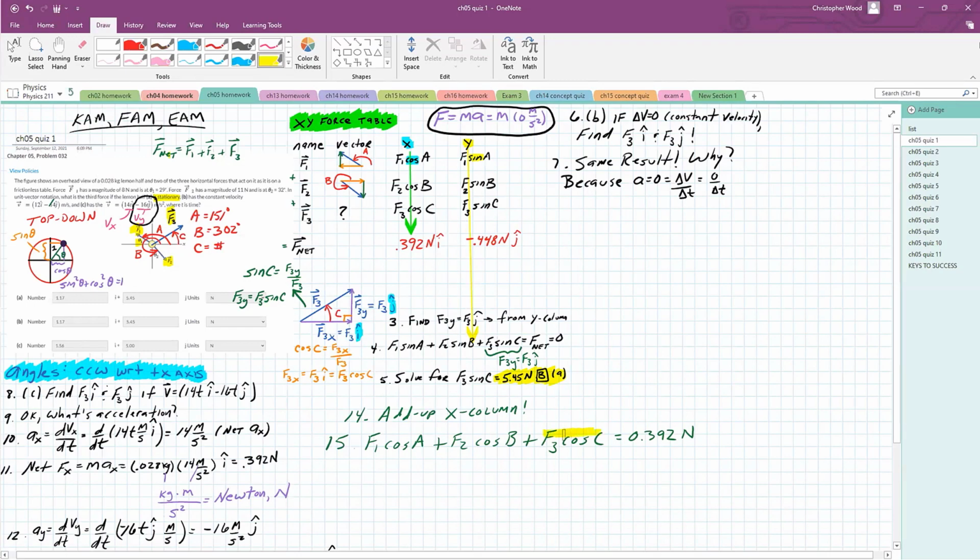This is the X component, for reasons that I hopefully clearly revealed before.